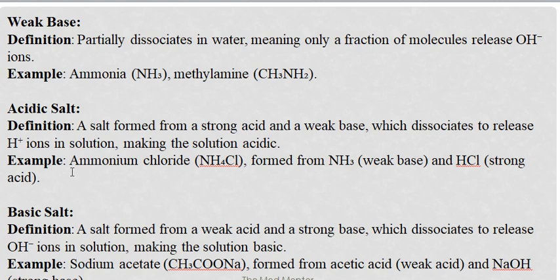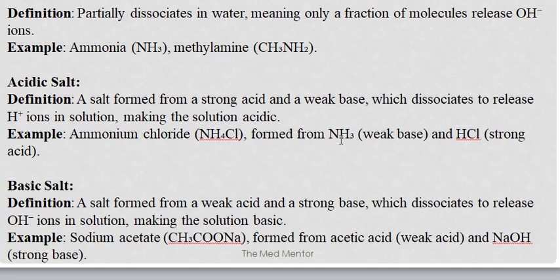For example, ammonium chloride forms from NH3, a weak base, and HCl, a strong acid. Whenever we use the term acidic salt, always remember it comes from a strong acid and a weak base.